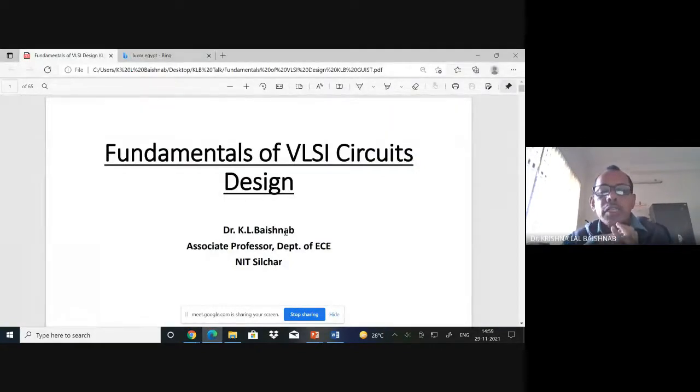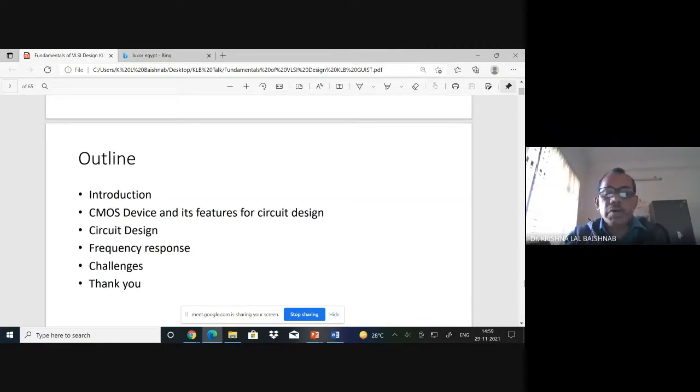The topic is fundamentals of digital VLSI circuit designs. At the very outset, I'll take the outline. I have roughly written the things, so it may look a little scattered in my content.